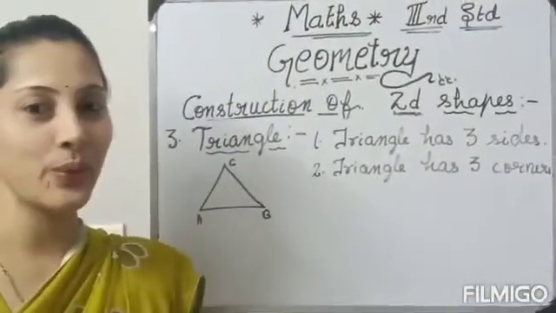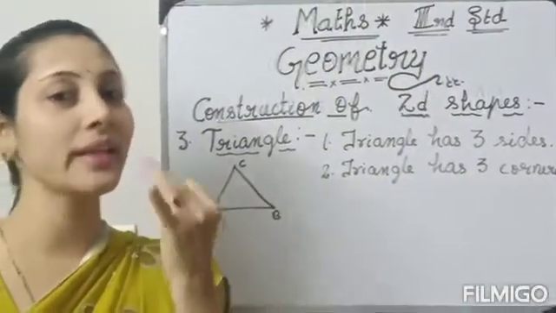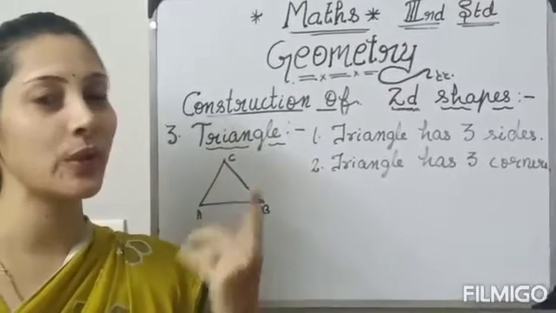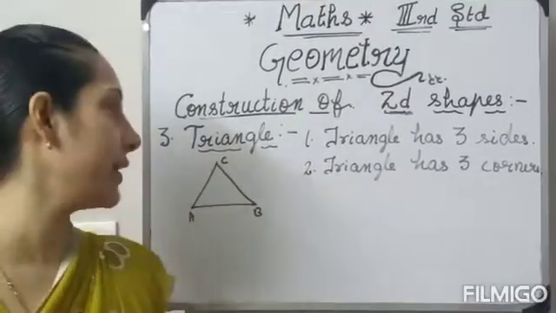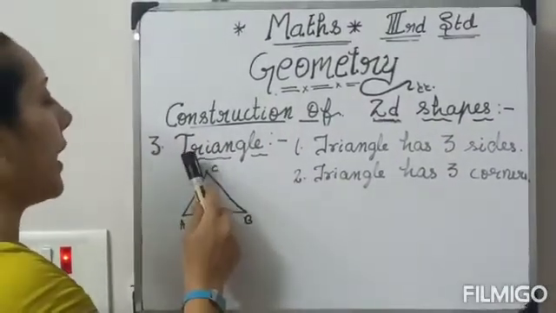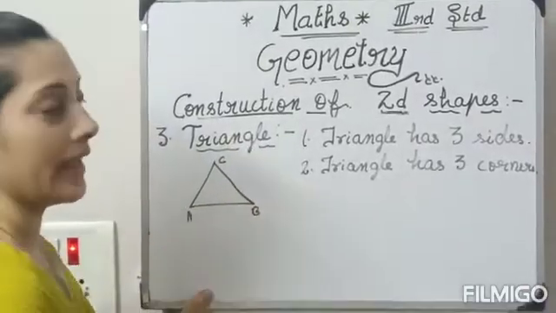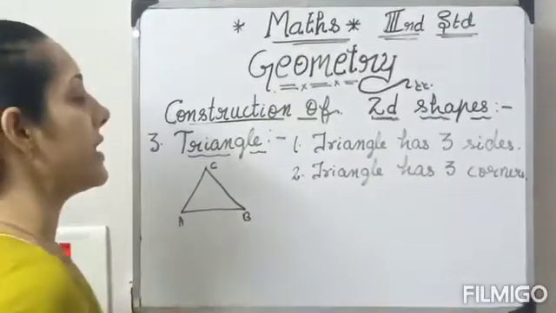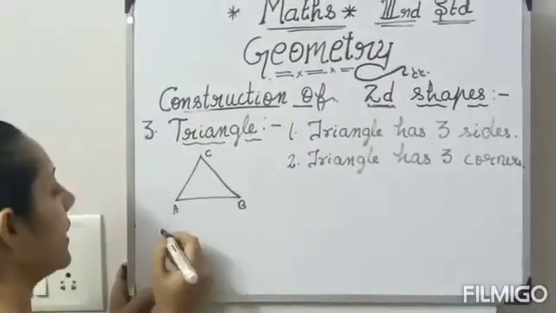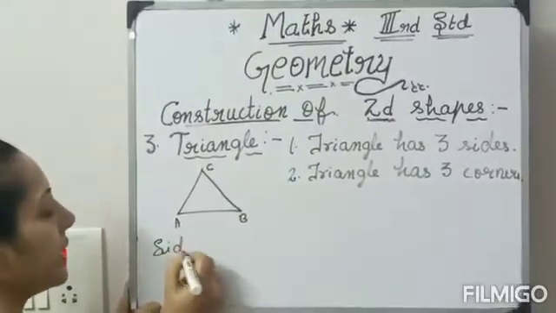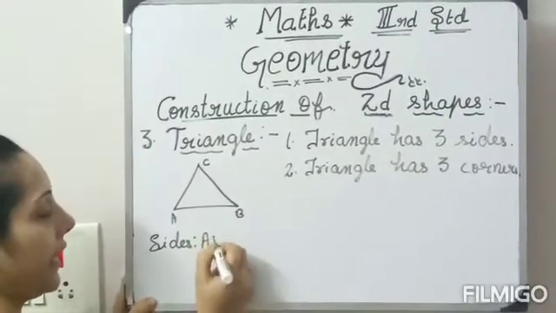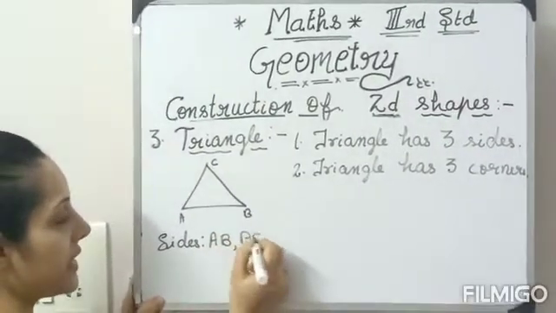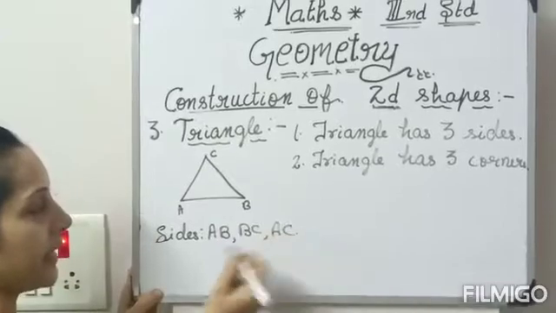Now what did we learn, students? We learned about square and rectangle. Now we are going to learn about triangle. A triangle has three sides. So what are the sides of our triangle? AB, BC and AC.